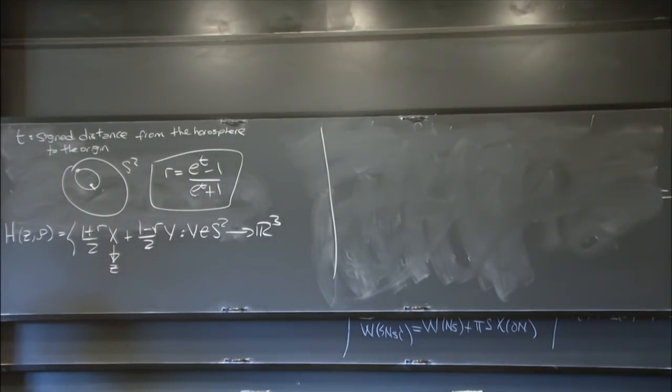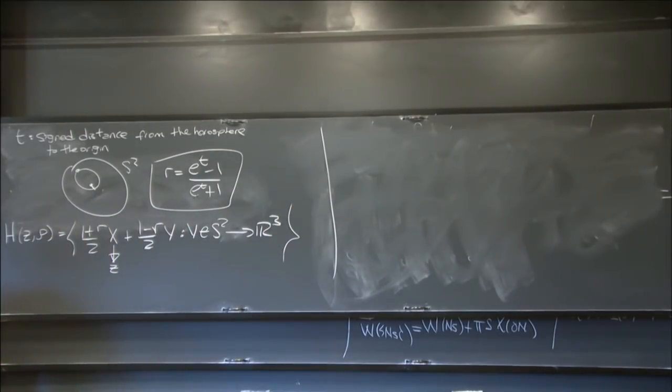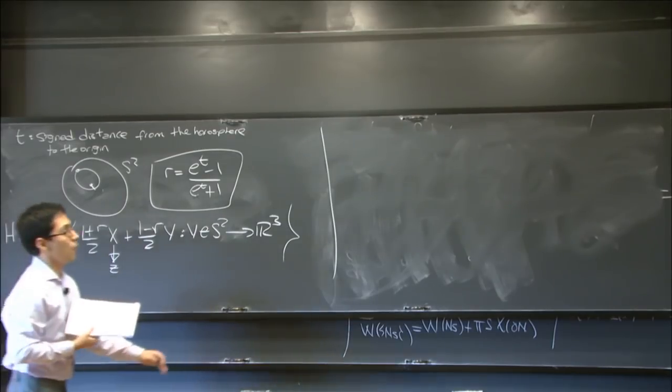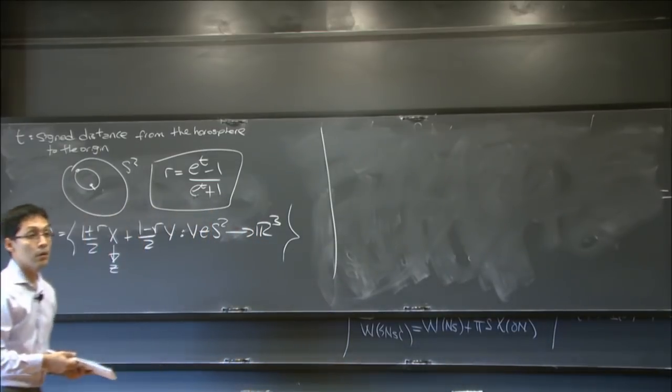But then R depends on t, and t depends on rho. You could imagine that this R is a specific function depending on rho. So we have this parametrization here in particular. So what does it mean to have an enveloping map?